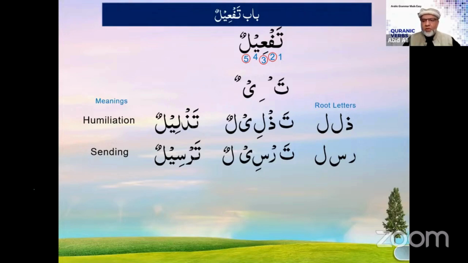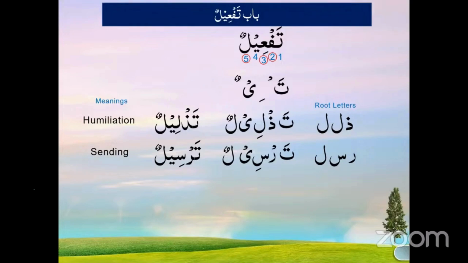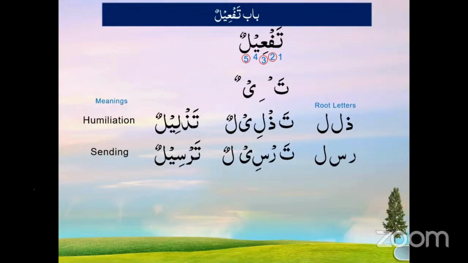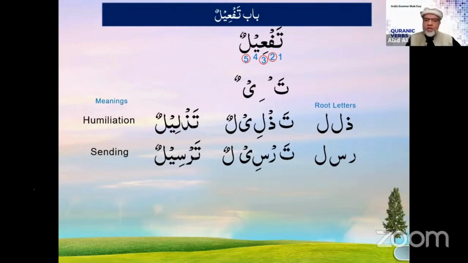What about Rasul? Does Rasul also have the Ra, Sin, and Lam? Yes. Rasul is the messenger. So all these words have either similar meanings or slightly different meanings or different characteristics when they go from one family to the other family. Yeah? Okay.